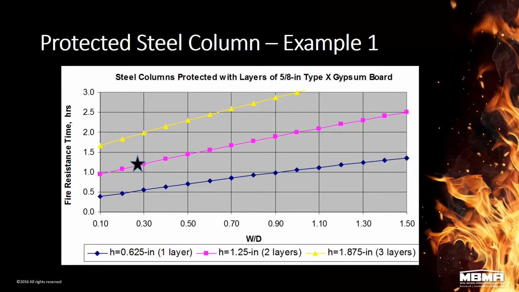The result is a 1/4 inch more thickness of board, but that may be a secondary consideration if the Type X board is readily available and potentially less expensive. So again, just another option to the UL assemblies, and a very nice and easy option to apply.